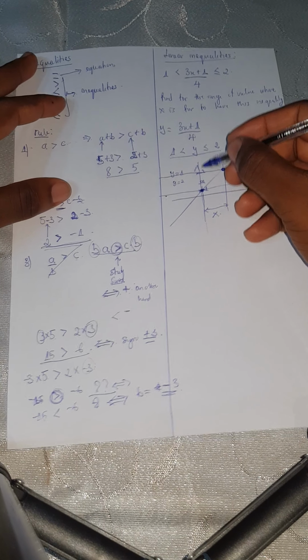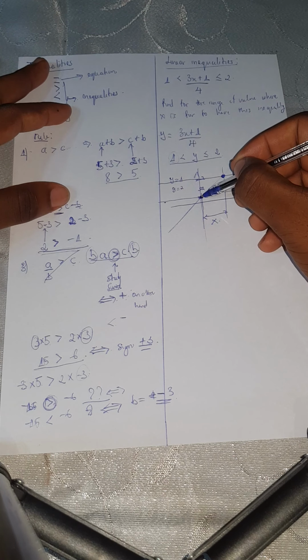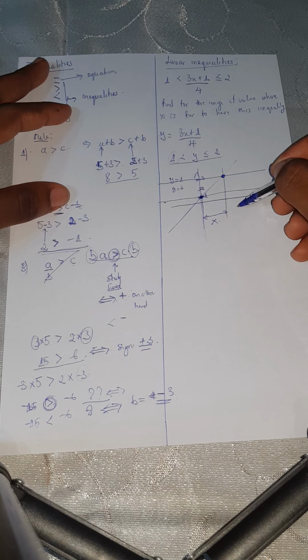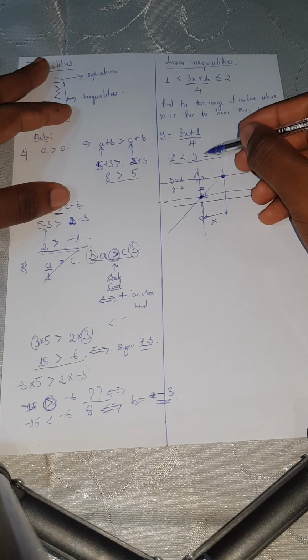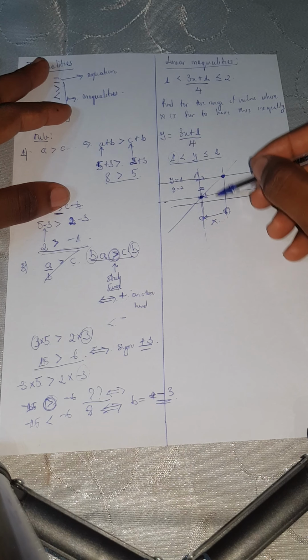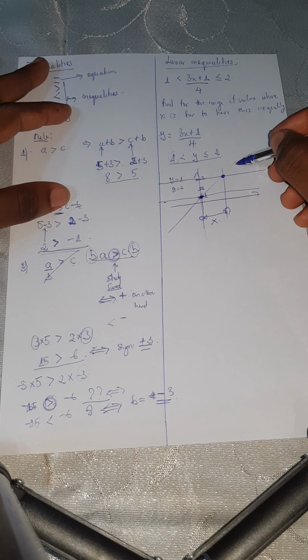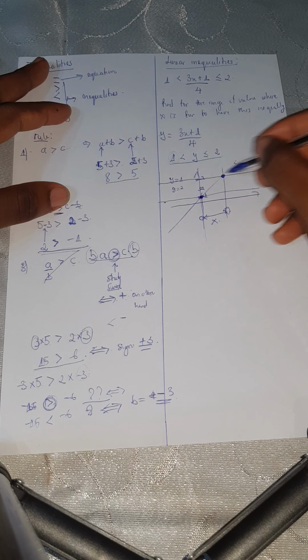Now, you have to keep in mind that here it's excluding 1. So the value of x that you're going to put excludes this value 1 and includes this value 2. So on a graph, this is how it is represented. You draw this linear graph and you plot the different y lines, y equals 1 and y equals 2.